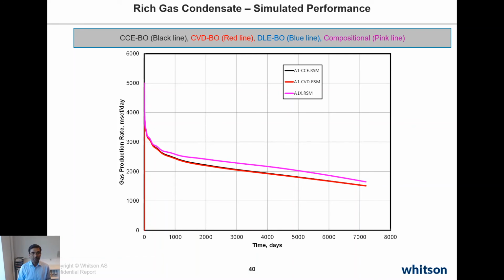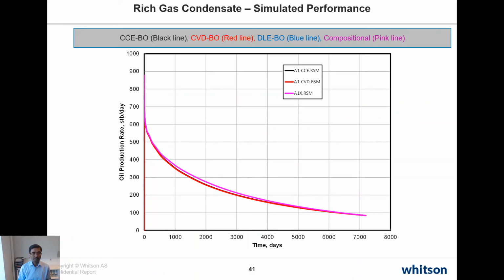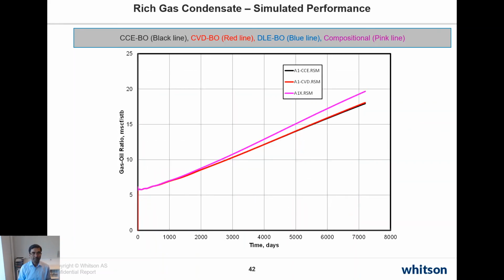In this fine grid radial model there is a condensate blockage effect, and this difference between black oil and compositional is due to the oil viscosity difference in compositional and black oil model. This is the oil production rate, and the producing gas oil ratio is quite similar in CCE and CVD, slightly lower than compositional.